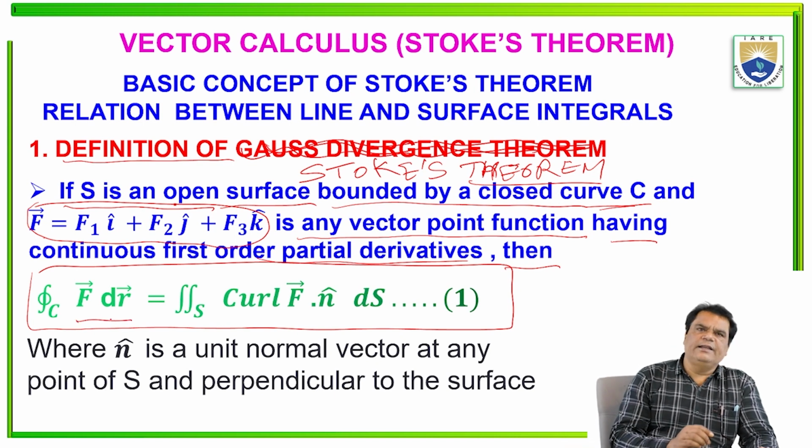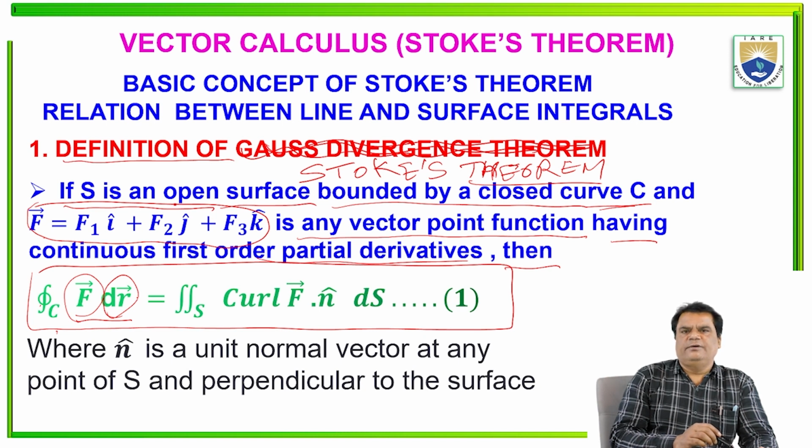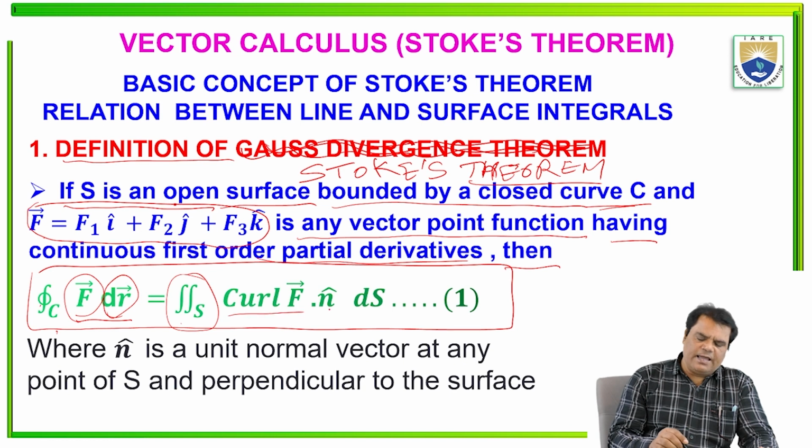This is the line integral, the single integral over the curve C of F, any vector point function, dot dr. R is the position vector, and dr is the differentiation of the position vector of a point. This is equal to the double integral over surface S of curl F dot n ds.